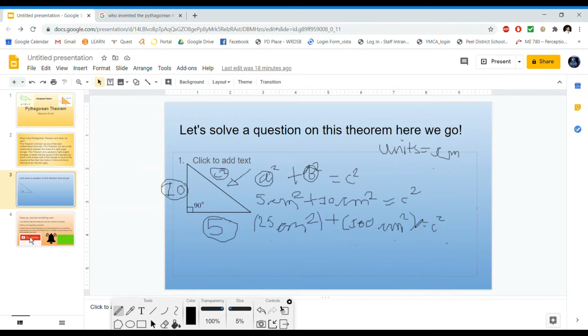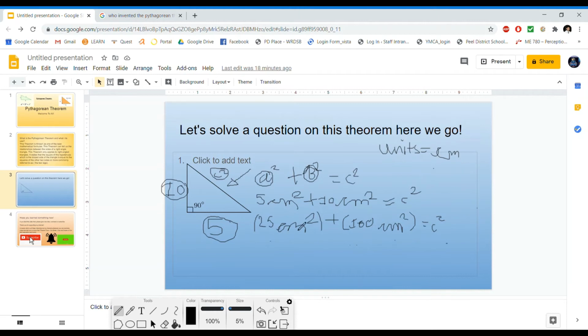Now all we need to do is find c, because we don't want to find c squared. So what we have to do now is add the 25 centimeters squared plus the 100 centimeters squared.